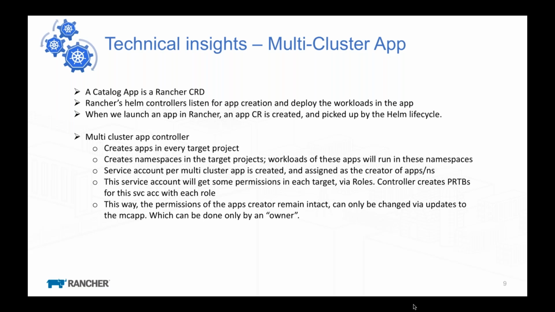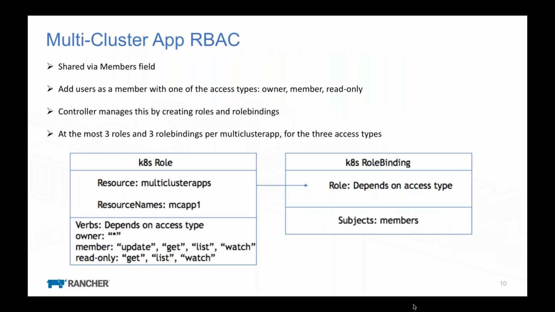This operation is done by a service account. We create a service account for multi-cluster app and assign some roles and permissions to this service account in order to go to the individual target projects and deploy this application. Multi-cluster app also has RBAC available. It can be shared via the members field.